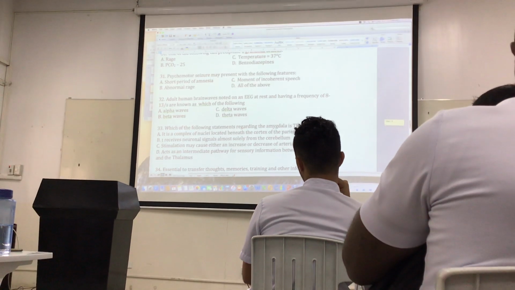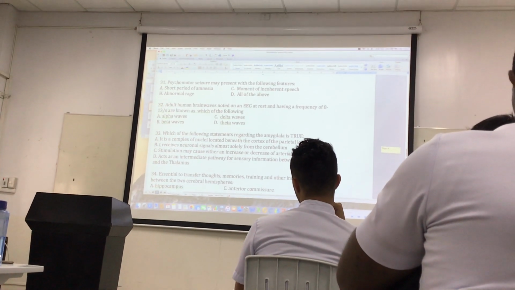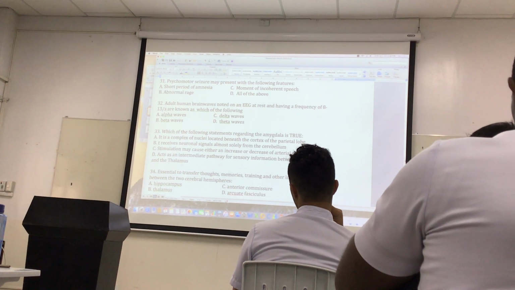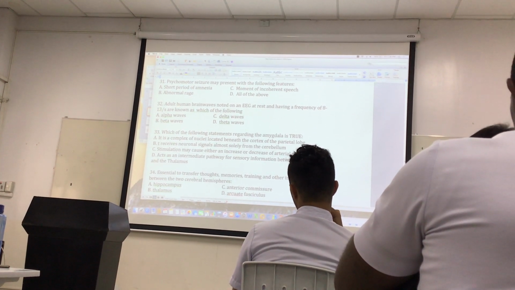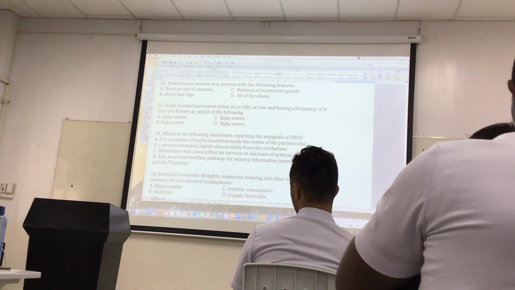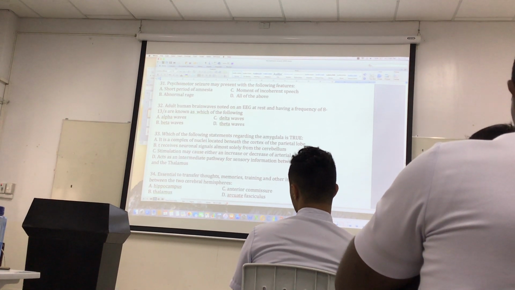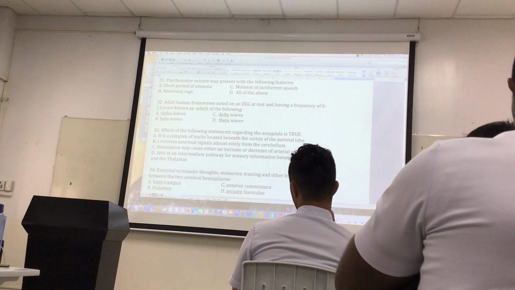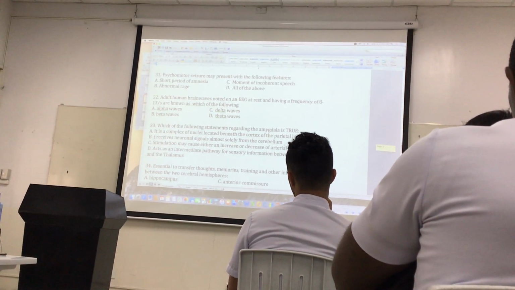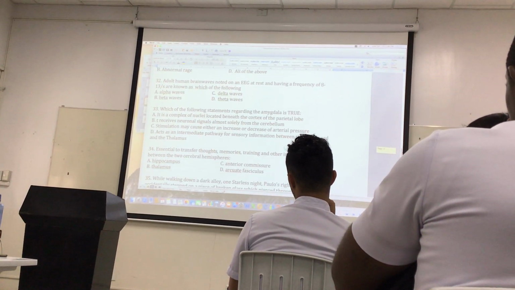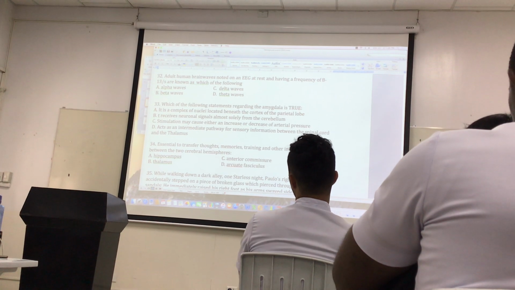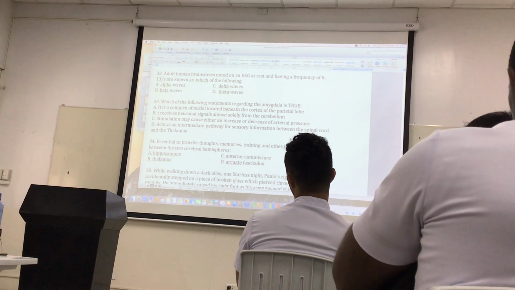Benzodiazepines, they make you sleep, decrease neural activity. Psychomotor seizure, all of the above. Seizure, psychomotor seizure. Wala yan sa book. It's in the book. Brain waves at rest, frequency of 8 to 13.